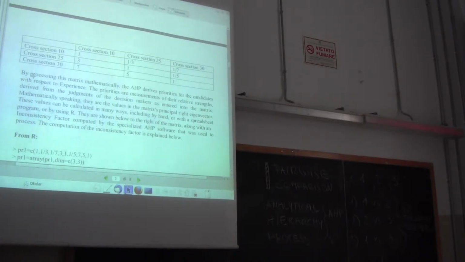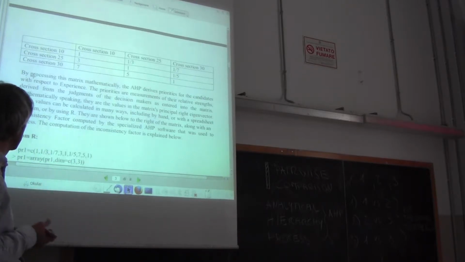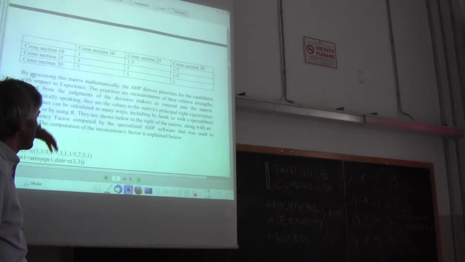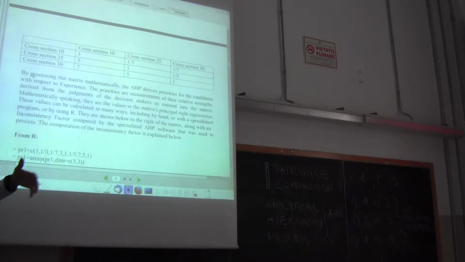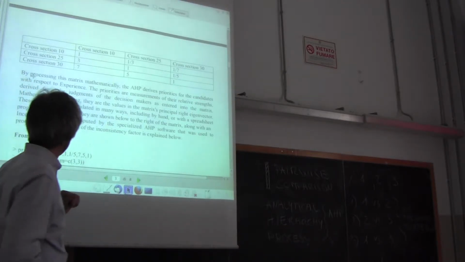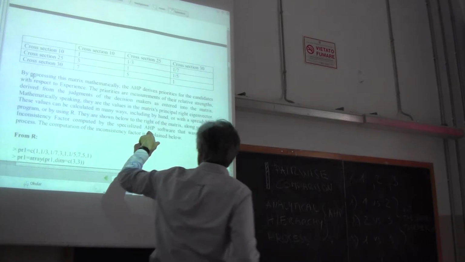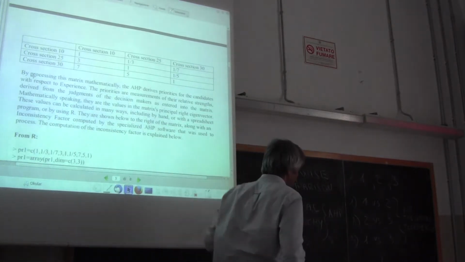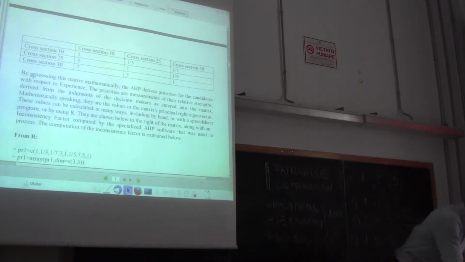And basically, we don't have to despair, because with R it's very easy to compute this right eigenvalue and eigenvector. As I have written here, these values can be calculated in many ways, including by hand. It's quite easy. Or they can be computed in R. And here I'm also mentioning a software which I should probably remove, because it's not public domain software, it's a commercial software.